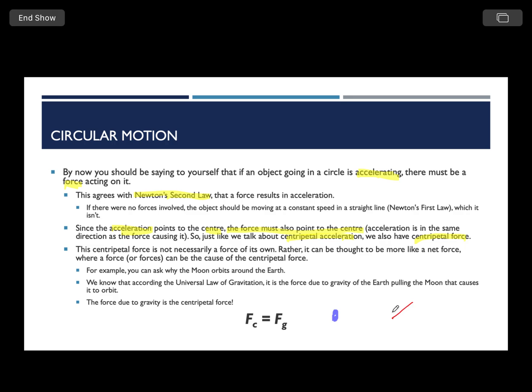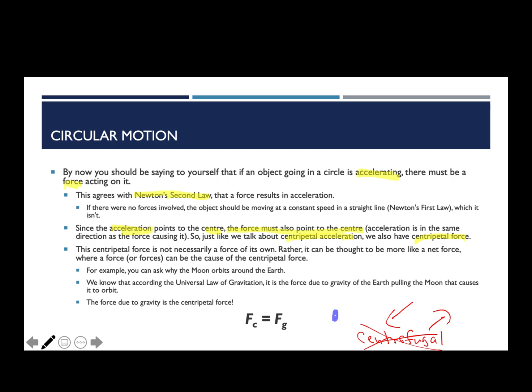Instead, we have a force going in, not a force going out. So we have a centripetal force, not a centrifugal force. Right? So we do not have this force. Okay, so we're just going to stick with our centripetal acceleration and our centripetal force, because we've proven that the force is directed towards the center.